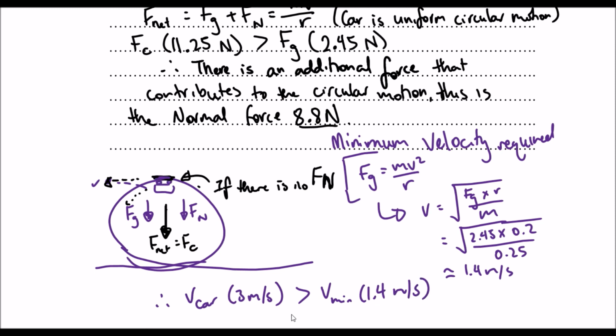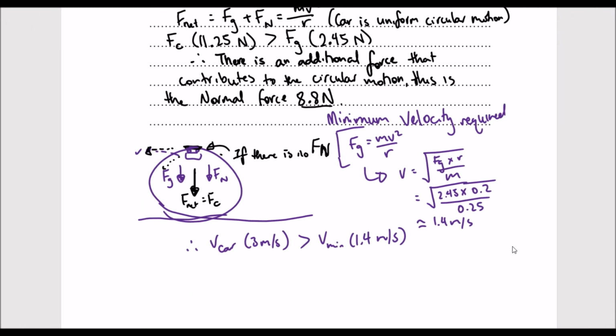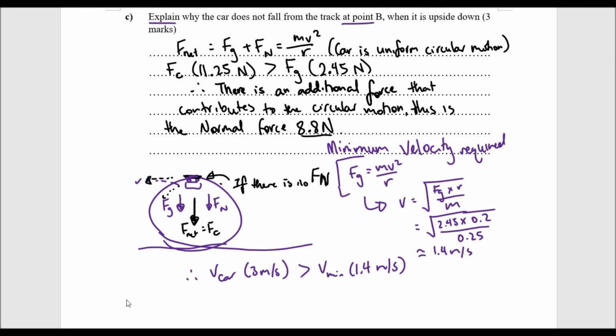So that's why our car does not fall down. So I'll just scroll out a little bit. All right, so hence the car doesn't fall at point B. And that's how you do that question.